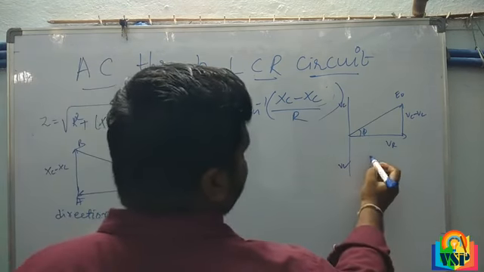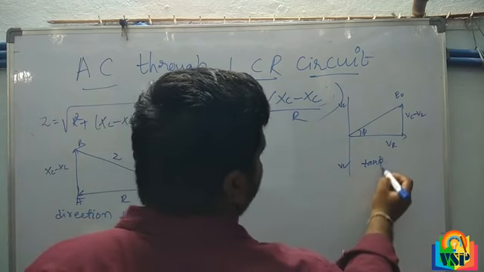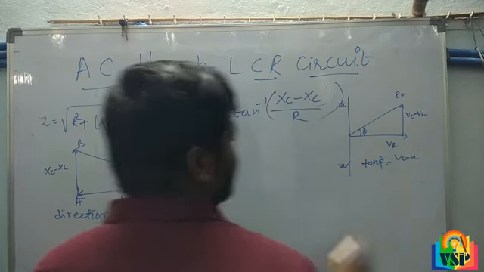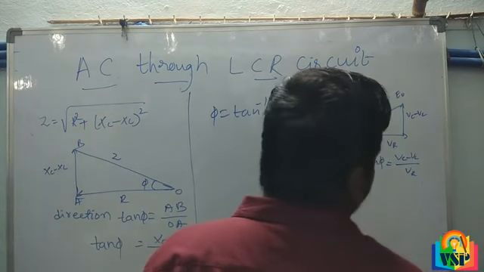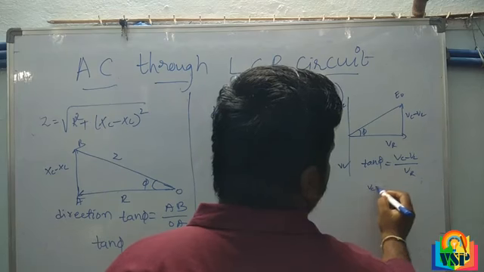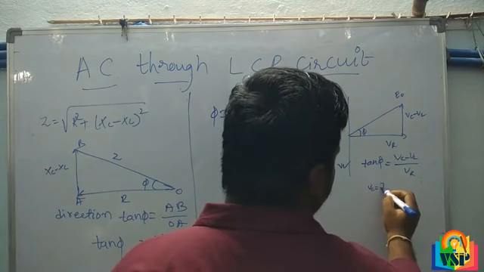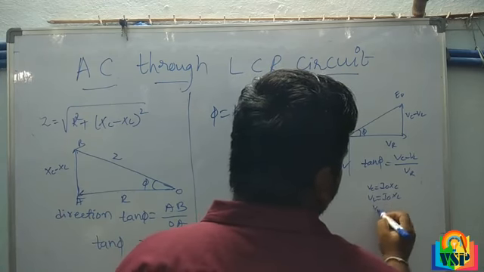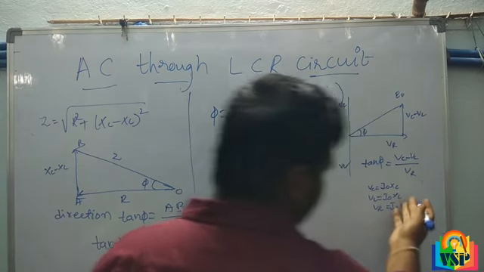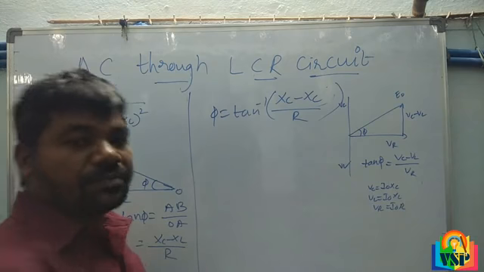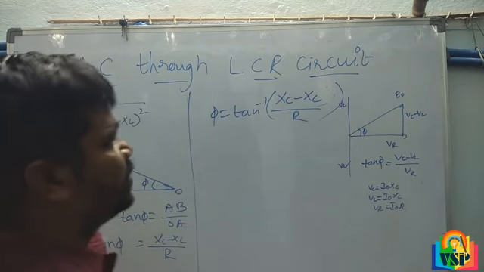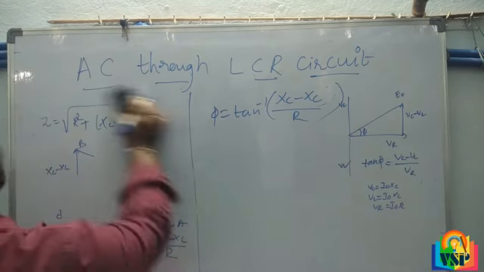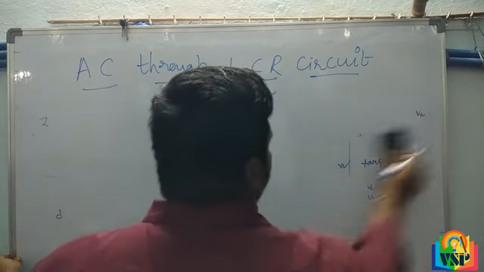So here also we can get tan phi is equal to VC minus VL by VR. Okay, we know that VC is equal to I naught XC, VL means I naught XL, VR is equal to I naught R. Okay, by using this we can get the same. Understand, my children?